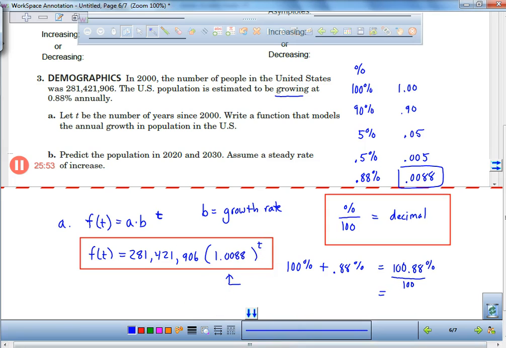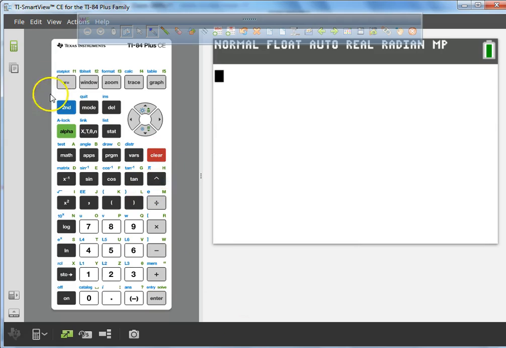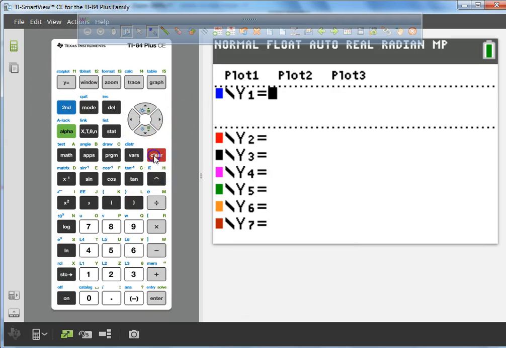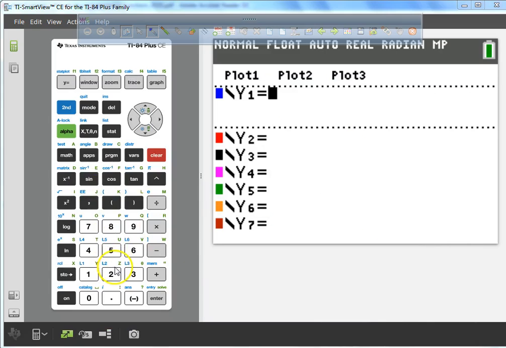So right now, could you guys just go to your calculator real quick? Hit y equals, and we're going to type in, what was the population again? 281,421,906. Parentheses 1.0088.